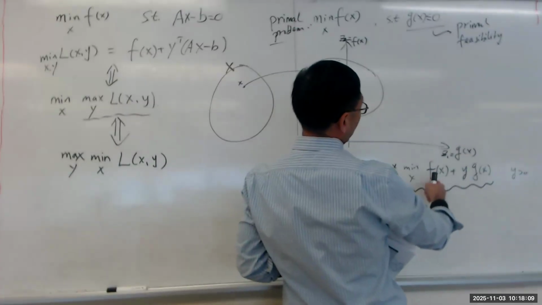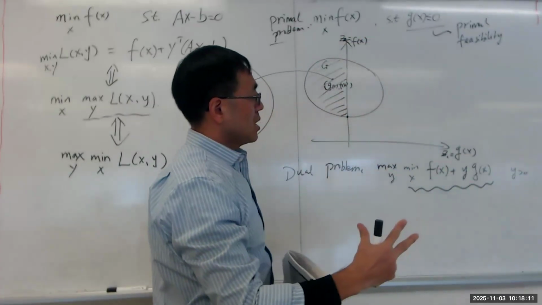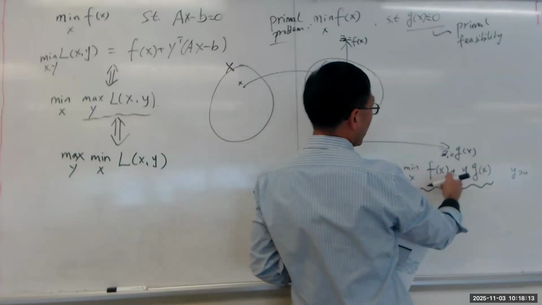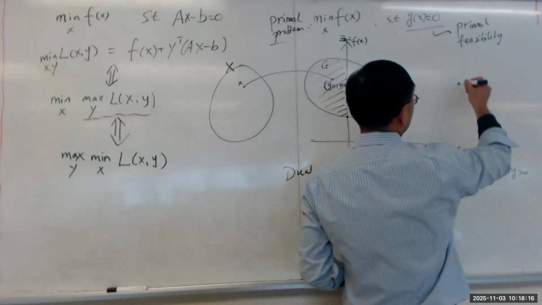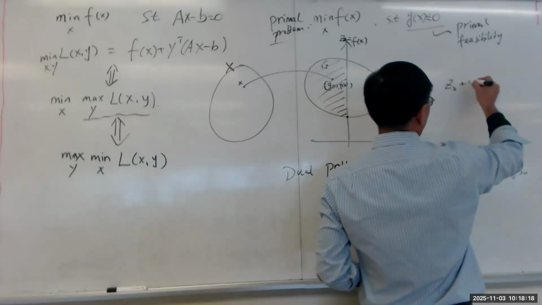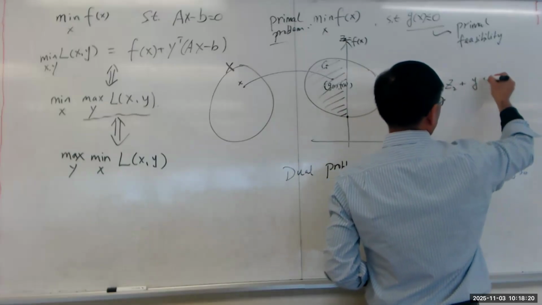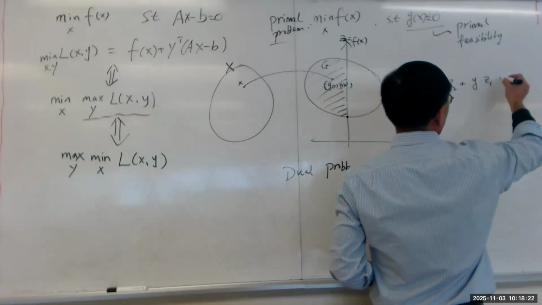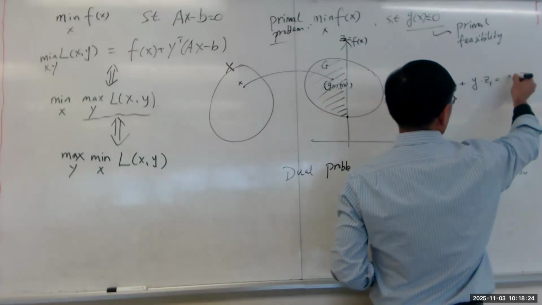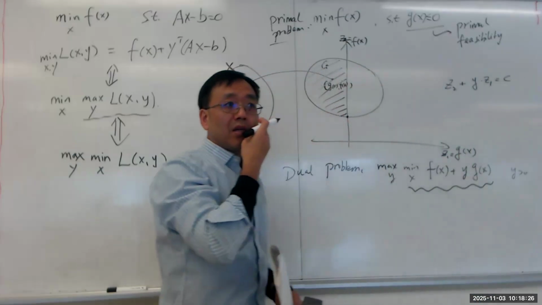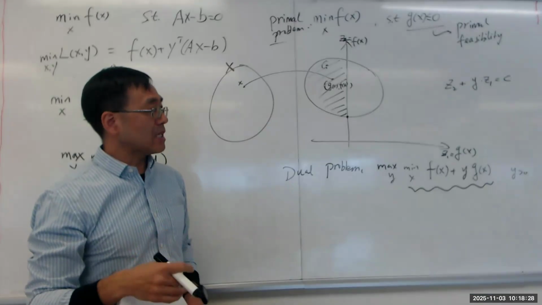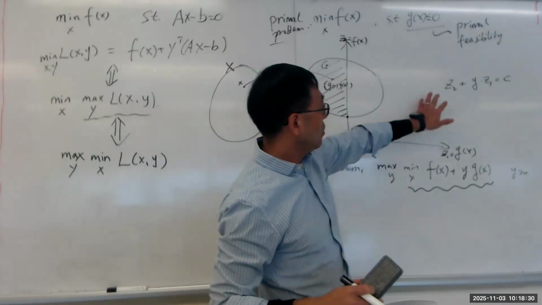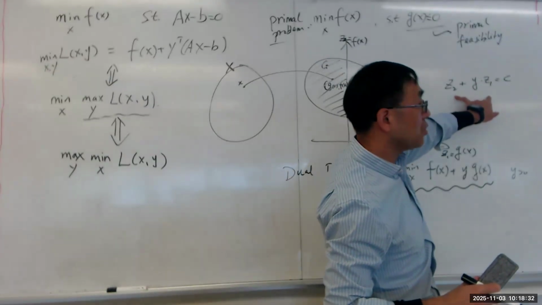So in this two-dimensional space, f(x) plus y times g(x) is basically z2 plus y times z1, equal to some constant c. We try to minimize this with respect to z1 and z2.